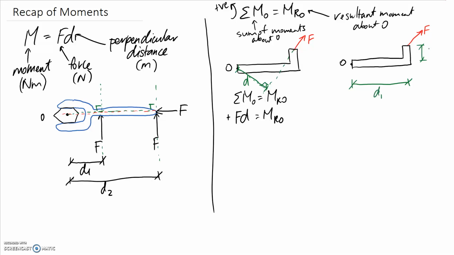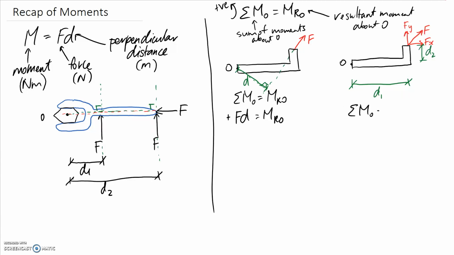Let's call this one D1 and this one D2. It's going to be in your interest this time to split up your force into the horizontal and vertical components. This is because you're then going to be able to utilize D1 and D2, and you don't have to do a whole heap of trig to figure out this other perpendicular distance in here. Okay, so let's do it. Let's split this up. So this is going to be Fy, and this is going to be Fx.